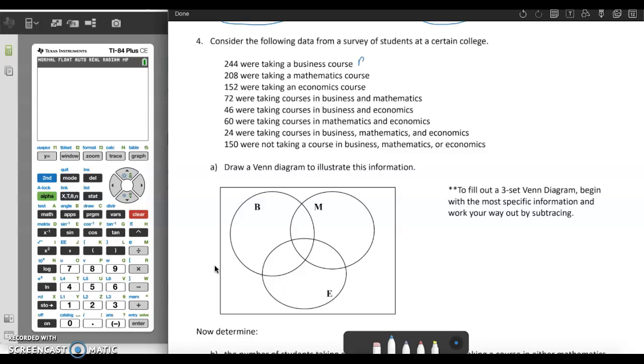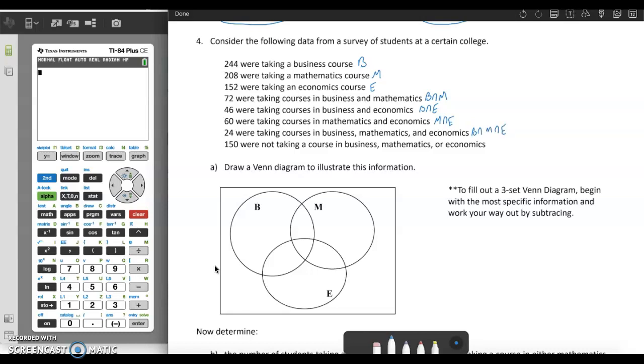I'm going to call that B. 208 were taking a math course, M. 152 were taking economics. 72 were taking business and mathematics, so that would be B intersect M. 46 were taking business and economics, so that would be B intersect E. 60 were taking courses in math and economics, so M intersect E. 24 were taking business, math, and economics, so the intersection of all of them, B intersect M intersect E.